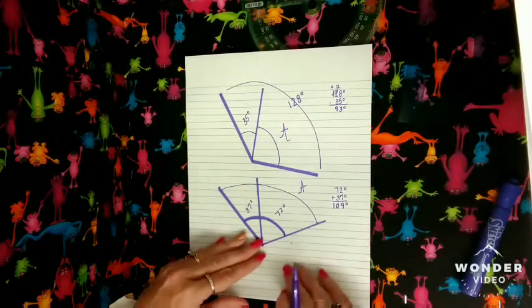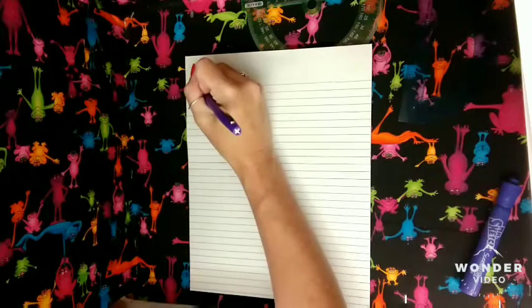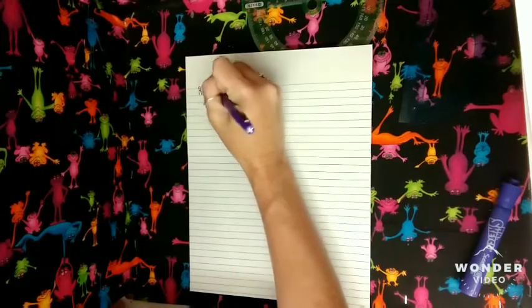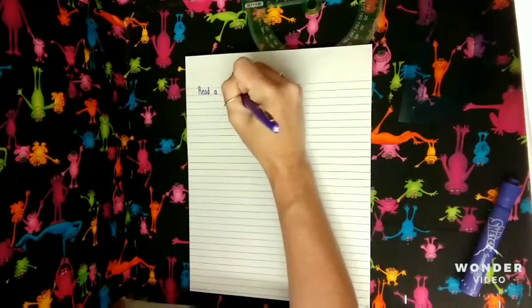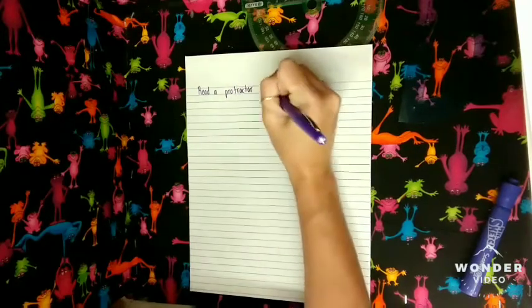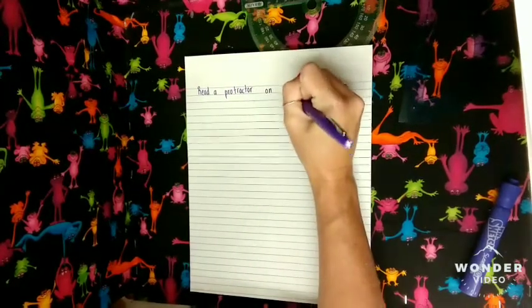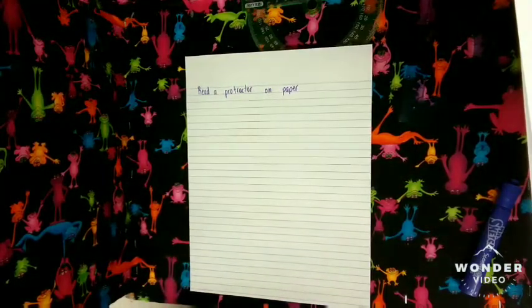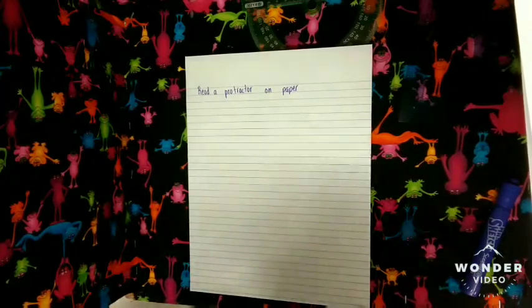They will have to be able to read a protractor on paper. And here's a little sneak peek, because this is kind of a different way of seeing it.